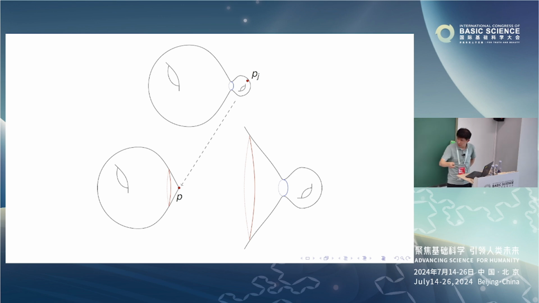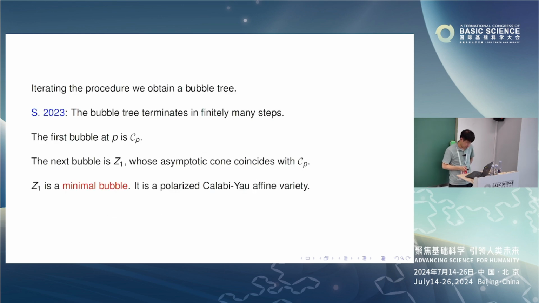So on the right, you get a non-compact space. Iterating this procedure, you can further rescale, and then you get a bubble tree. I proved that the bubble tree terminates in finitely many steps. If you scale a little bit, you get the tangent cone. But if you scale a little further, you will get a space which is non-compact, and this asymptotic cone agrees with the tangent cone C_p. So that's called a minimal bubble.